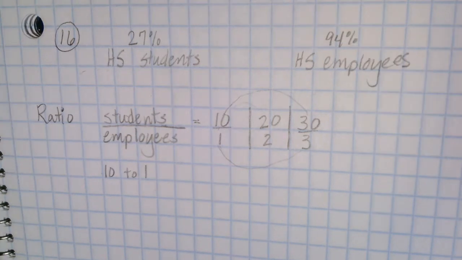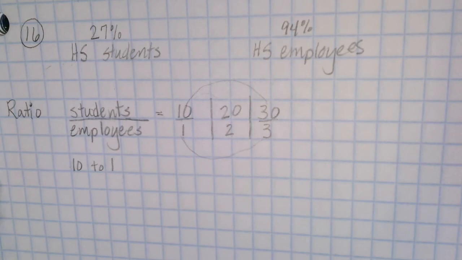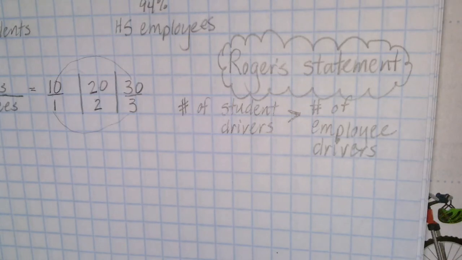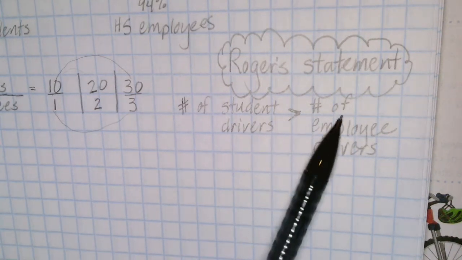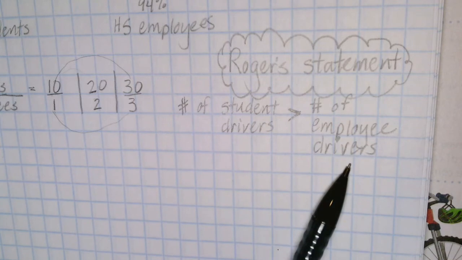So the question is, Roger made a statement. Roger's statement was that the number of student drivers was greater than the number of employee drivers.